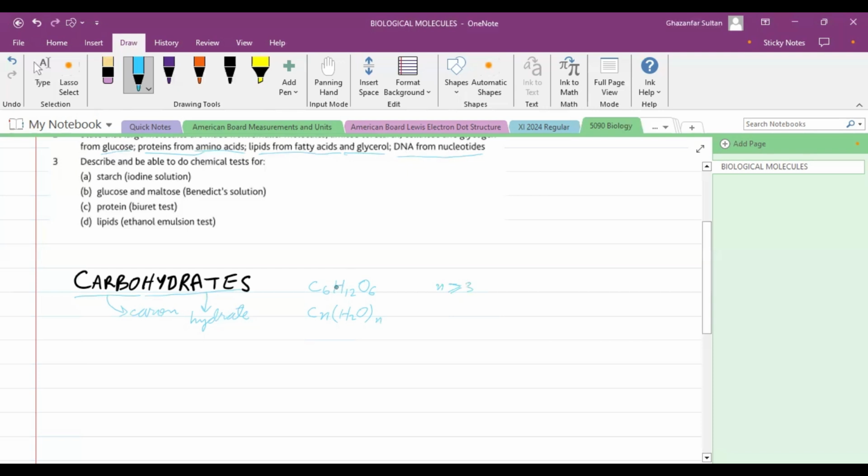Sometimes the value of N is 5, and then the formula would be C5H10O5. Got it? So that's why they considered that carbohydrates are hydrated carbon atoms.